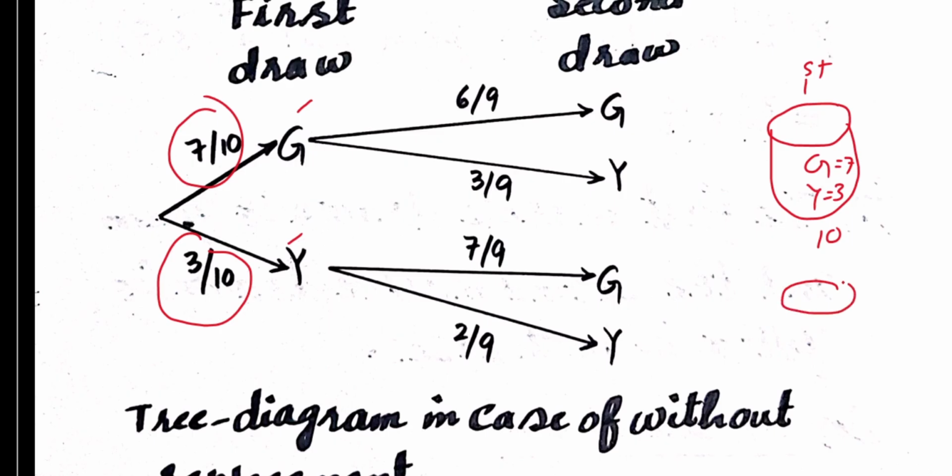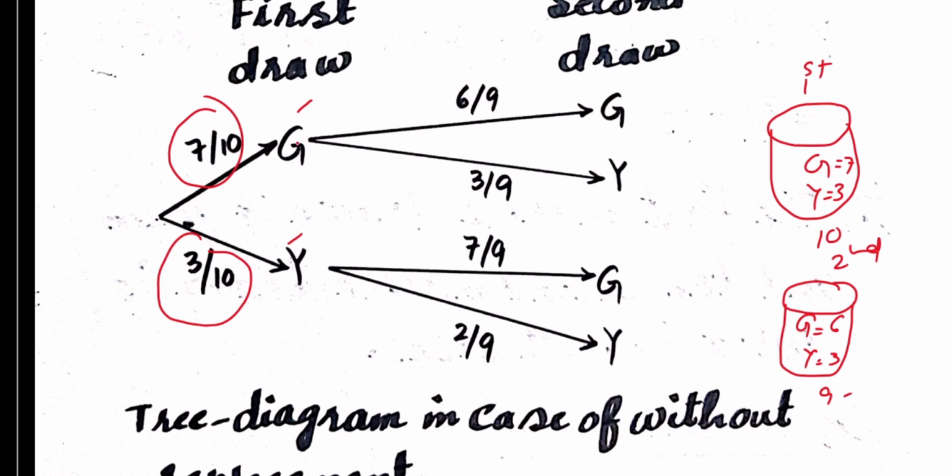Now I have the second draw. This is my second draw. In the second draw, when you have picked one of the green marbles, now the total greens left are 6, but yellow are still 3. But total marbles are 9 here.